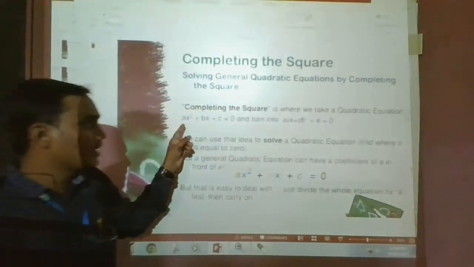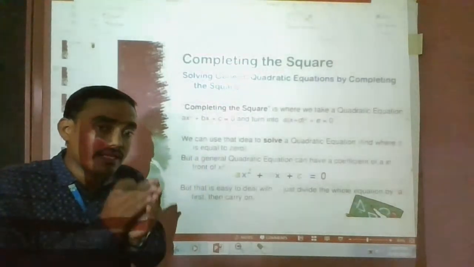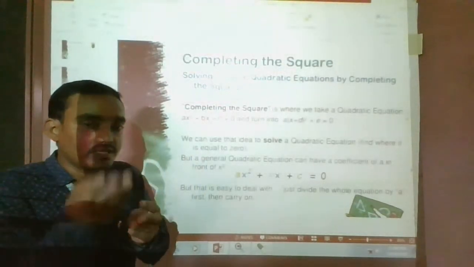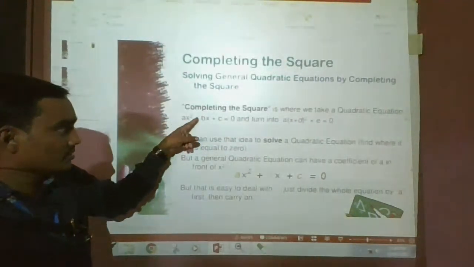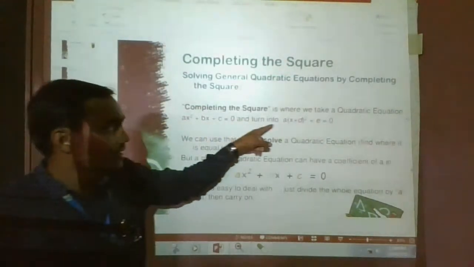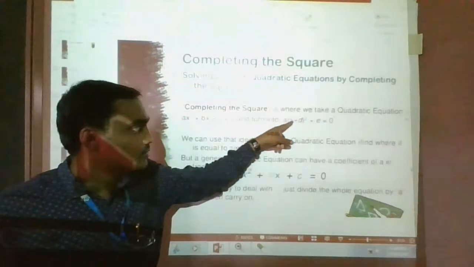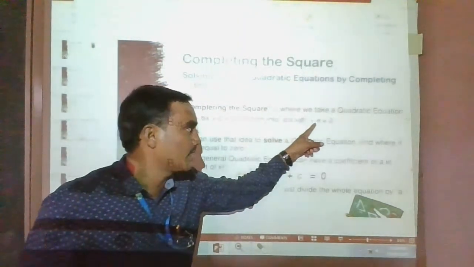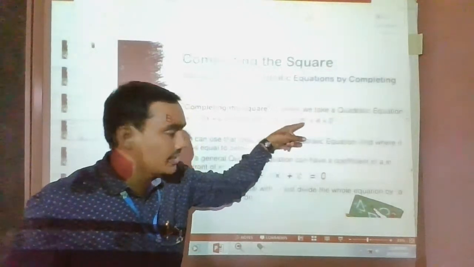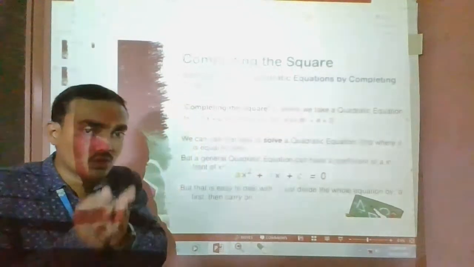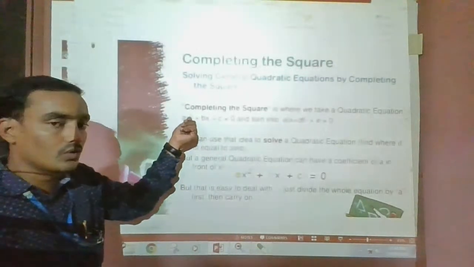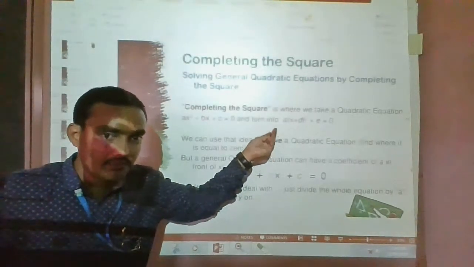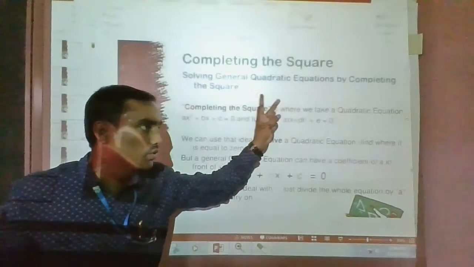In the completing the square method, the given expression is not a perfect square, so we have to make it a perfect square: x square plus bx plus c turns into a x plus d whole square, by adding or subtracting one number, plus e. After completing this, you will get the separate roots. Here also you will get two roots.